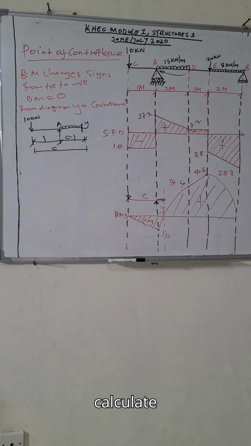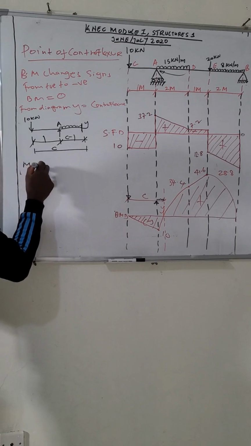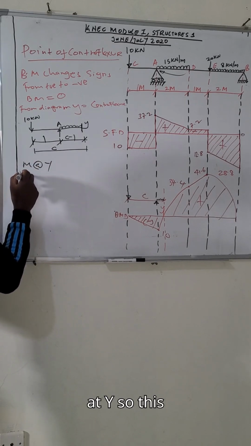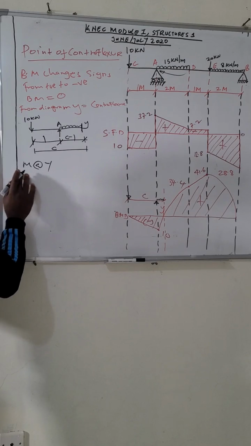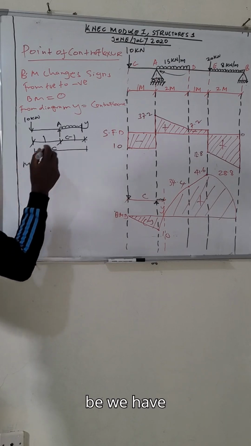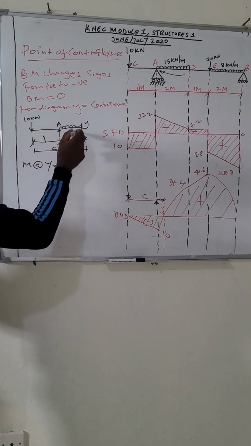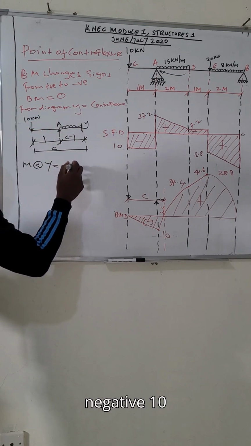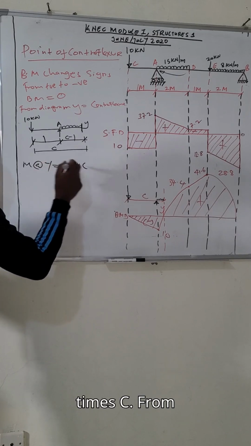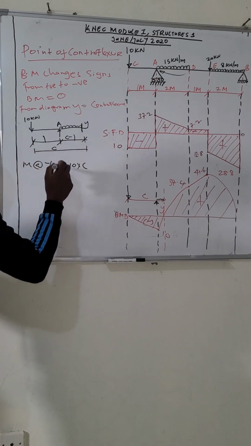Now, for you to calculate distance C, you will take moment about point Y. We have this 10 kilonewton in anticlockwise direction, that is negative 10 times C from here to where Y is.